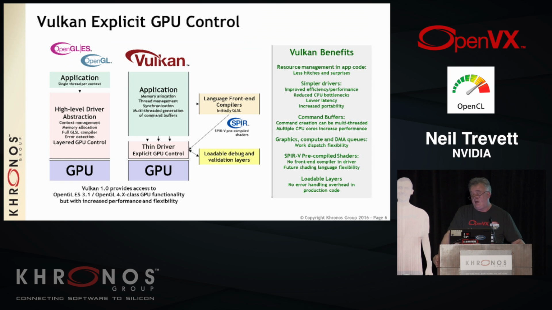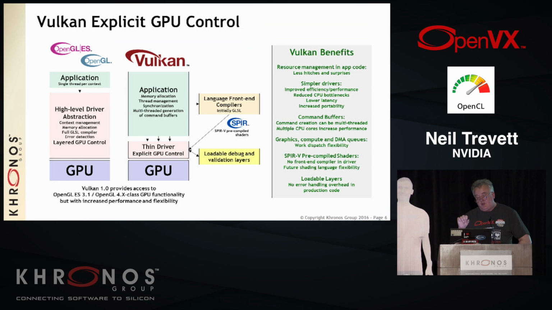There's no error checking in Vulkan. It sounds scary, but Vulkan has a loadable layer architecture, so whilst you're doing development, you can load debug and validation layers. But once you have production code, you don't need to load those, and the driver is not burdened by superfluous error checking, for maximum performance.